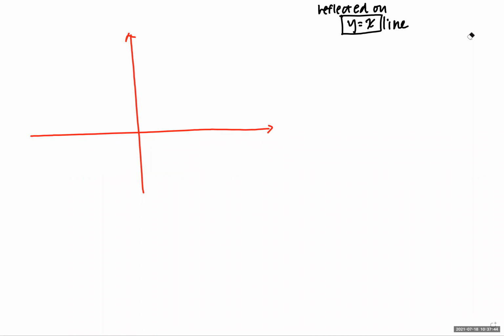Yes, very good. Shilong got it right. You got it right too. Yes, everybody got it right. So everybody knows this is the line y equal to x.